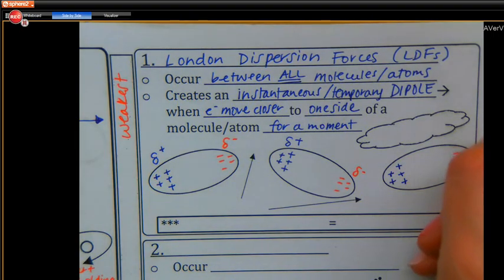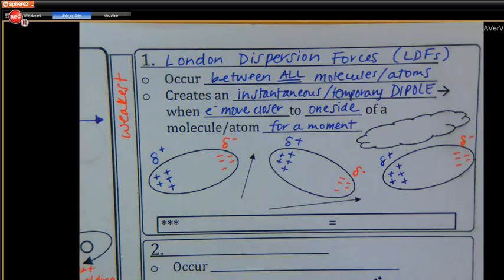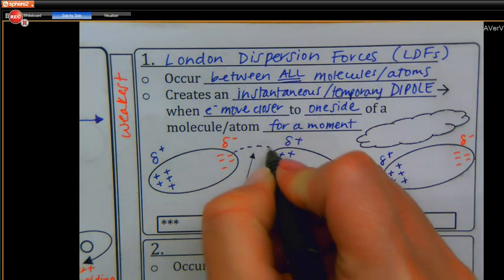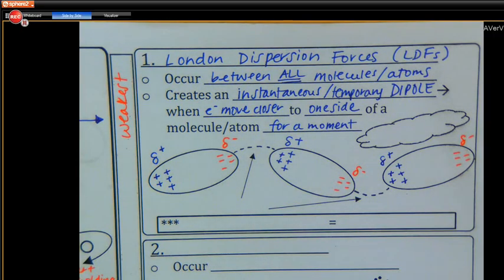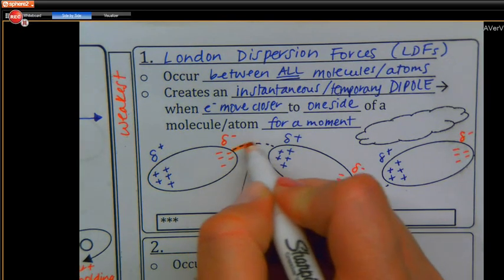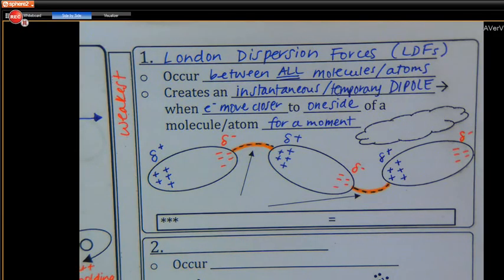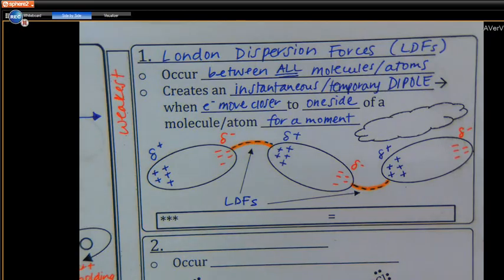So if we're trying to compare London dispersion forces to each other, if you increase the number of electrons, meaning you increase the size of the molecule, you increase the strength of the London dispersion forces. So that's our first intermolecular force, London dispersion forces.